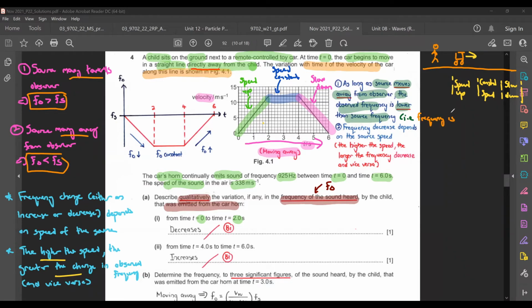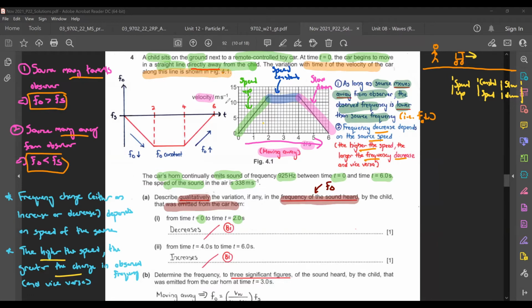Let me just write it properly here. In other words, your frequency observed is decreasing. Okay, so that frequency decrease depends on your source speed. The higher your speed, the larger the frequency decrease, and vice versa.